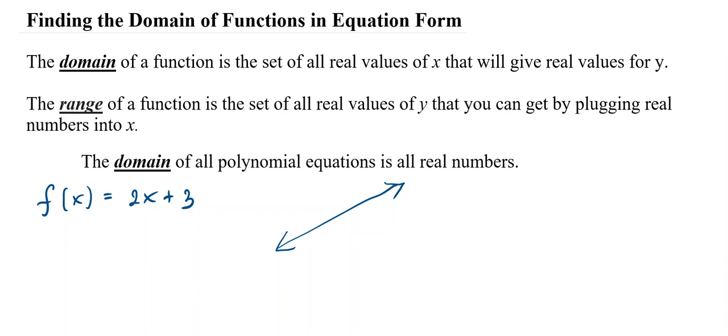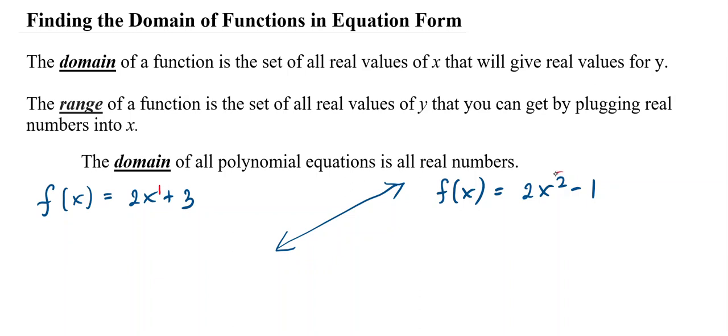And even if it's not a line, even if it's a parabola, like for example f of x is equal to 2x squared minus 1. So how do we know that it is a parabola? Because the highest exponent is 2, so it is a quadratic equation. And this is a line because the highest exponent of x is 1.